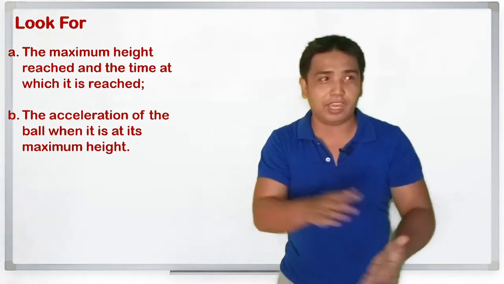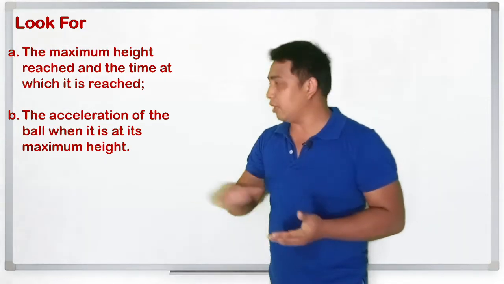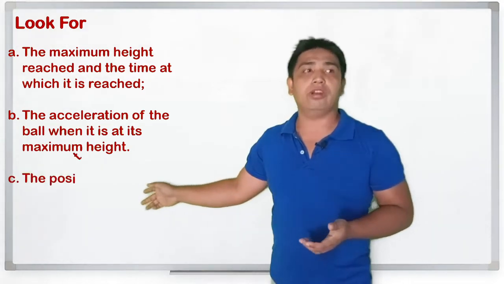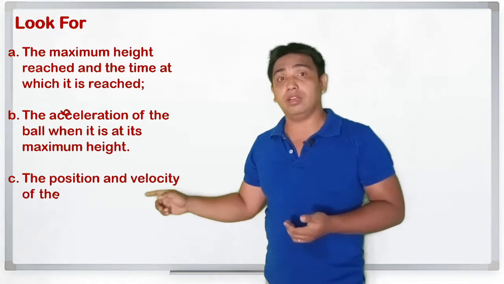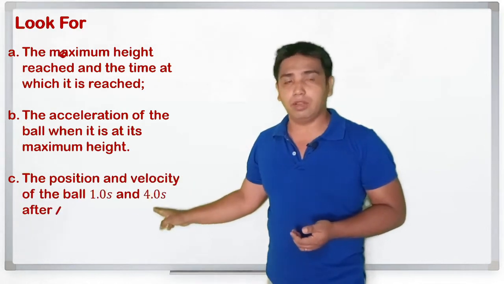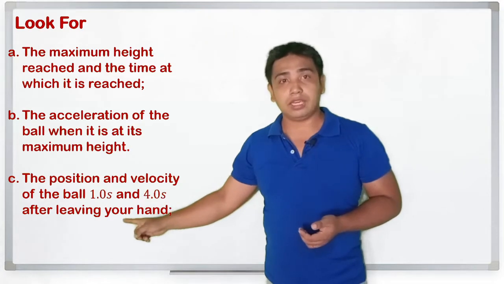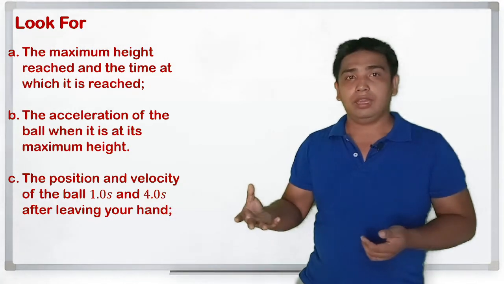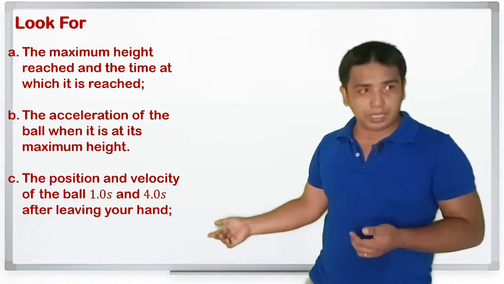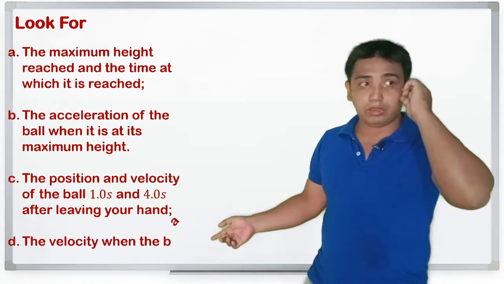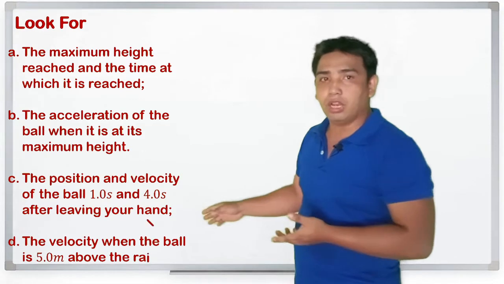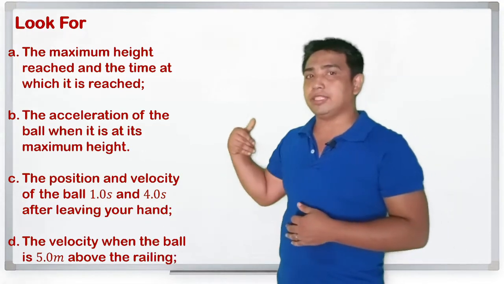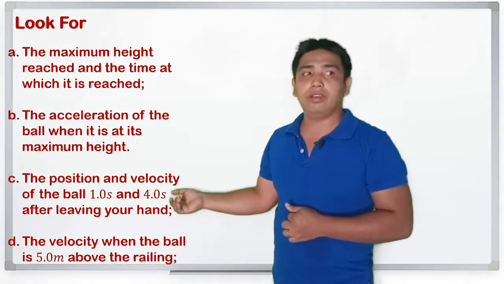In part C, we look for the position and velocity of the ball 1 second and 4 seconds after it leaves our hand. Lastly, in part D, we look for the velocity of the ball when it is 5 meters above the railing.